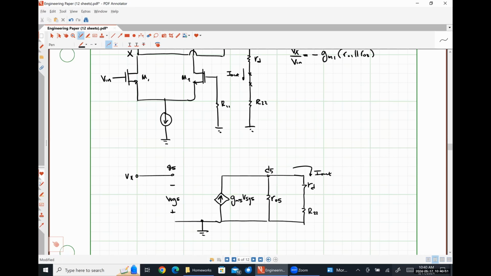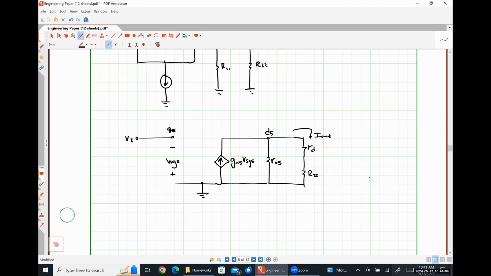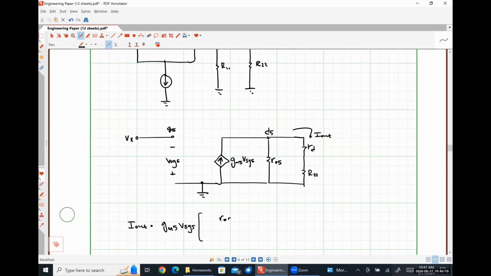I drew it like it was an NMOS device, but I made sure to use VSG and change the direction of the current source. Current division sounds perfectly reasonable. So we could say that Iout is just going to be gm5 VSG5 times ro5 over ro5 plus RD plus R22.